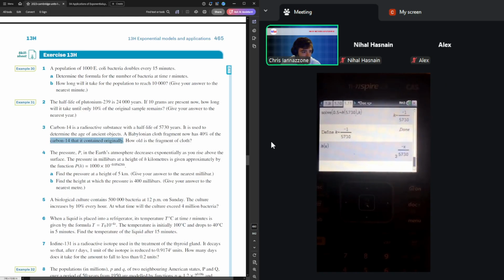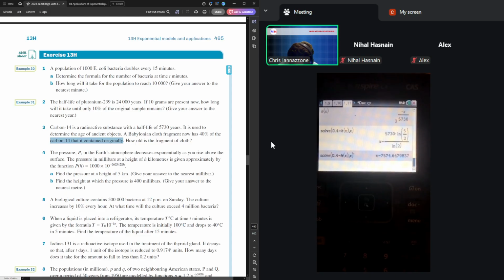So when we then go ahead and try to figure out how old the fragment of cloth is, given that it's 40% left over, we'll set 0.4 as that right hand side, and now just solve for x, which we can safely do knowing that we've already solved for k. It's the only thing left in the equation.